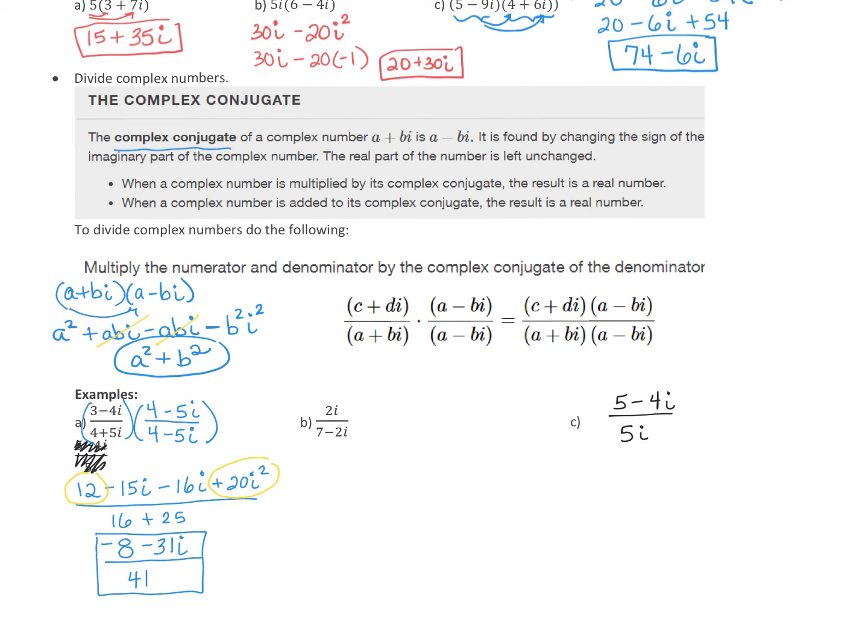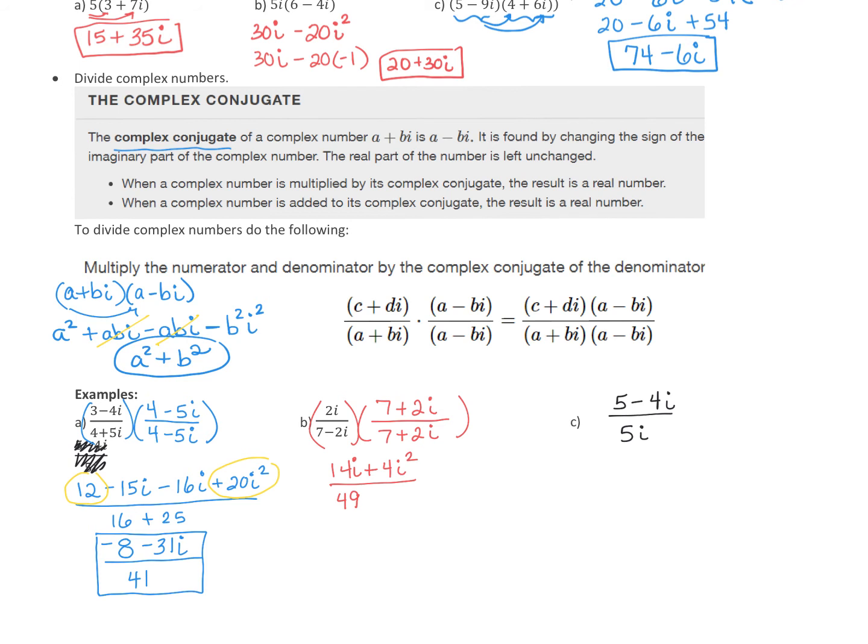So let's do that again on this next one. I should be multiplying by the conjugate of the denominator, 7 plus 2i. On the top, we'll get 14 plus 4i squared, 14i plus 4i squared. On the bottom, we'll get 49.